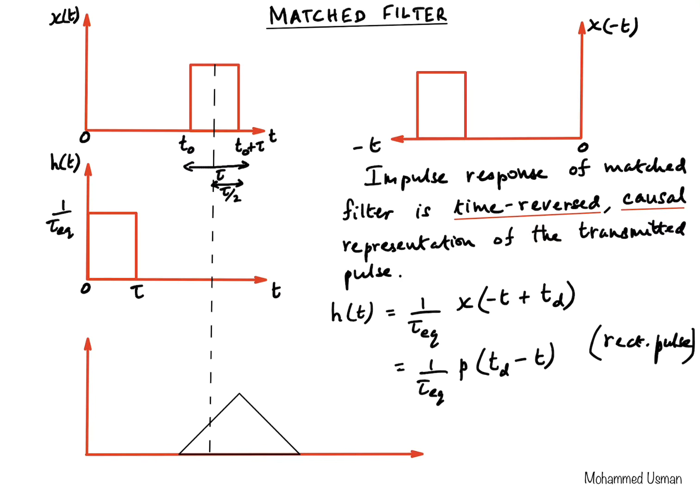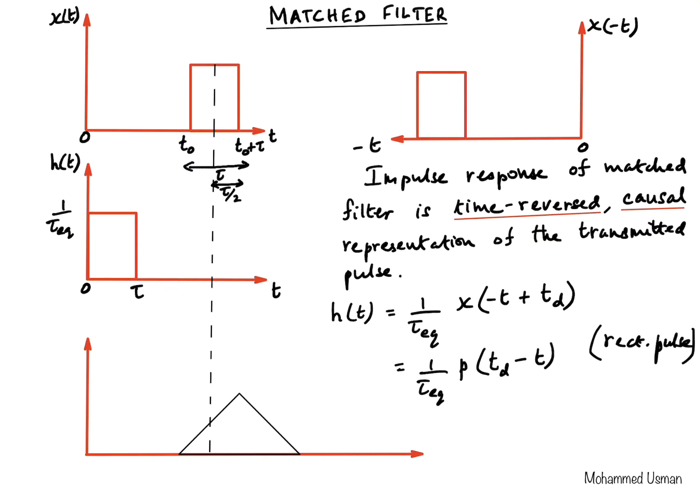So the ideal analysis would give us the output, which is the convolution of this pure, uncorrupted transmitted pulse with the impulse response of the matched filter. So now we have a rectangular pulse as the input and a rectangular pulse as the impulse response. The convolution of a rectangular with another rectangular is a triangle, right? So a triangular function.